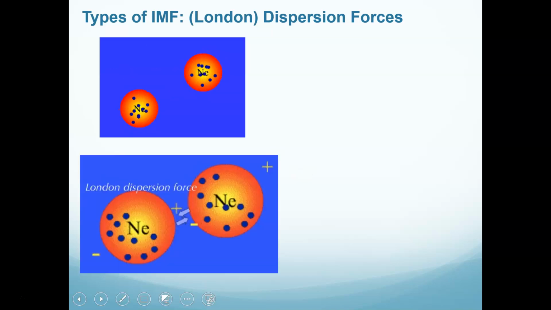For this, the only thing that we need is for it to have electrons, because electrons are not static. They're always moving around. If you look at this picture here, we see that at any given moment, maybe the electrons are sitting more on one side than the other. That generates a partially negative on one side and a partially positive on the other side, and then those two different atoms can interact.